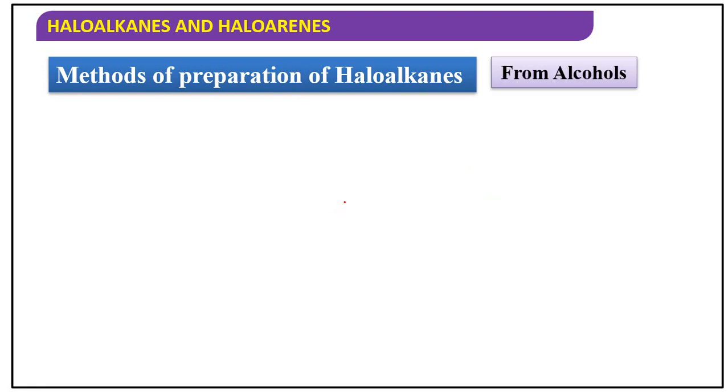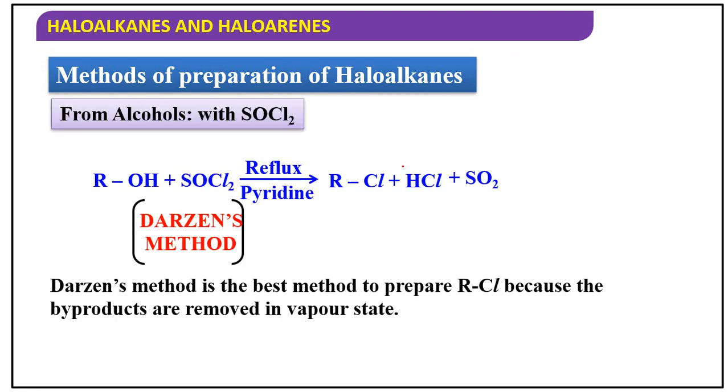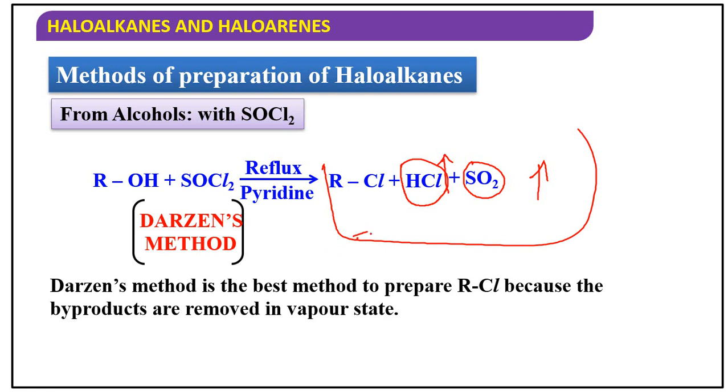Why pure? Here the byproducts are HCl and sulfur dioxide. These two are gases, so in the container only the haloalkane remains. So there are no byproducts.